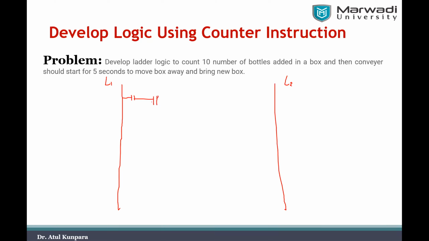That is going to be common, right? You have one start and one stop, and I can use that to give one coil here, let us say B1. In that, I can use the contact here.